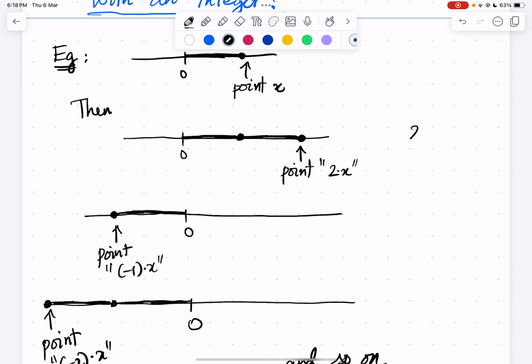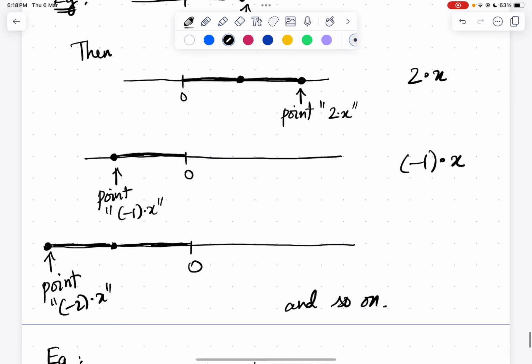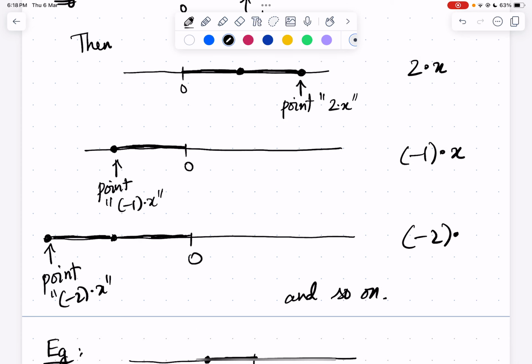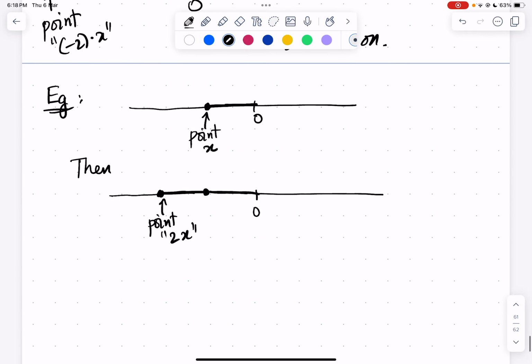So here we are defining 2 times x, here we are defining minus 1 times x, here we are defining minus 2 times x, and so on. This is how we define multiplication by an integer.